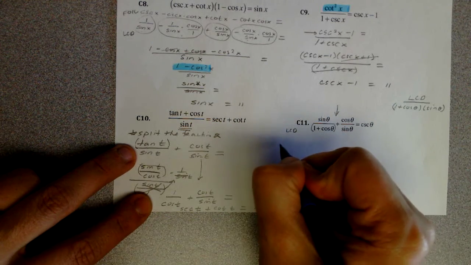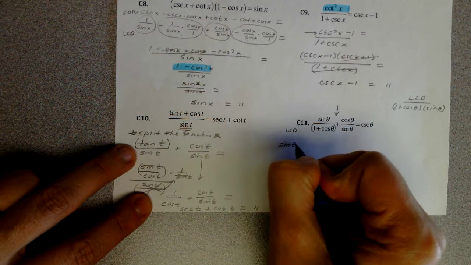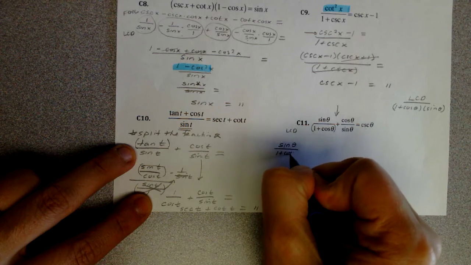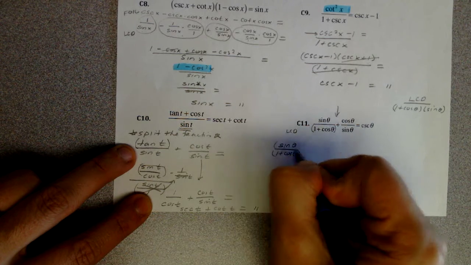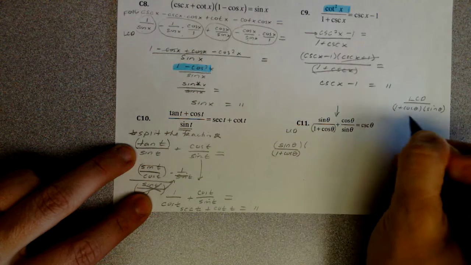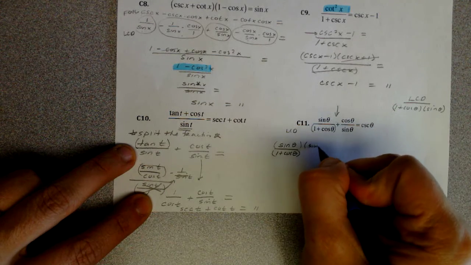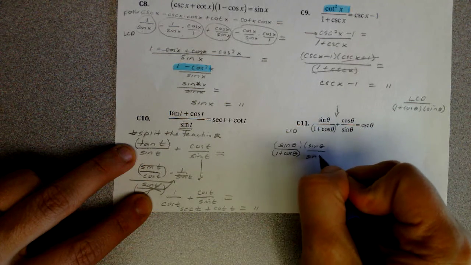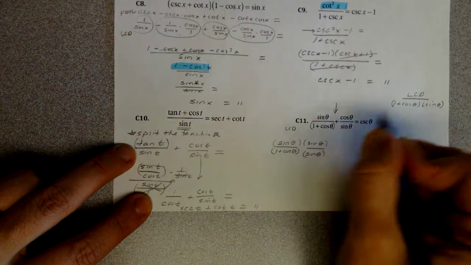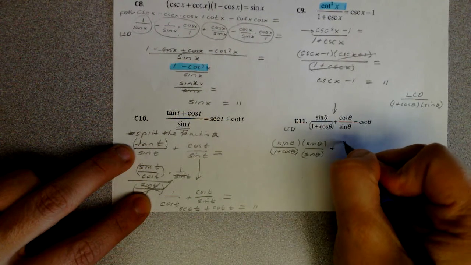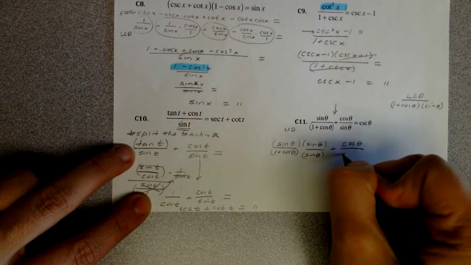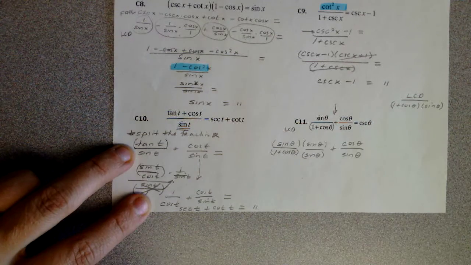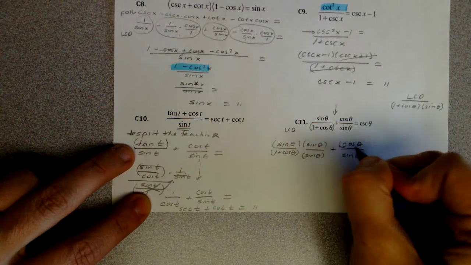What am I missing from the first? So sine theta, 1 plus cosine theta. What I'm missing, to get my LCD in the bottom, is a sine theta over sine theta. Plus, cosine theta times sine theta. What am I missing to get my LCD?